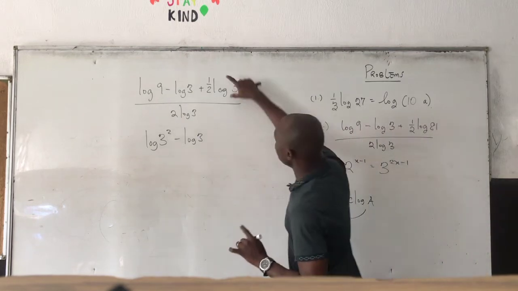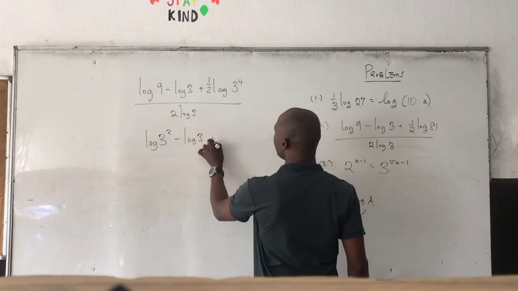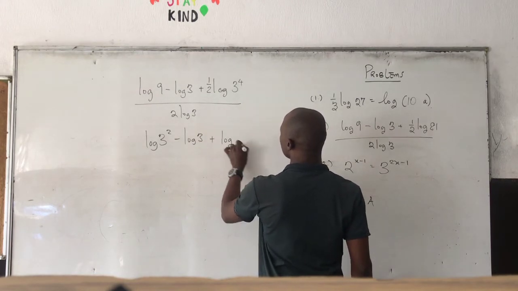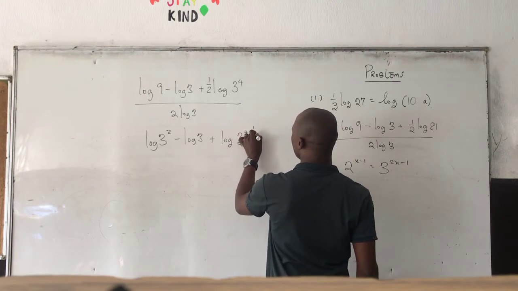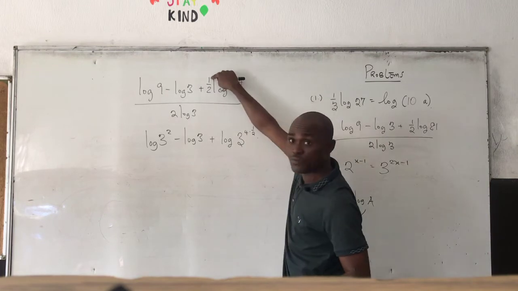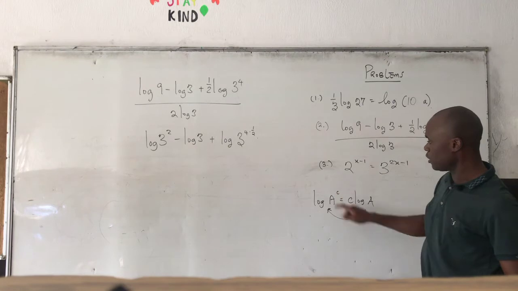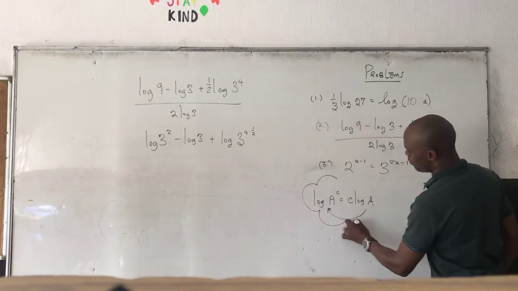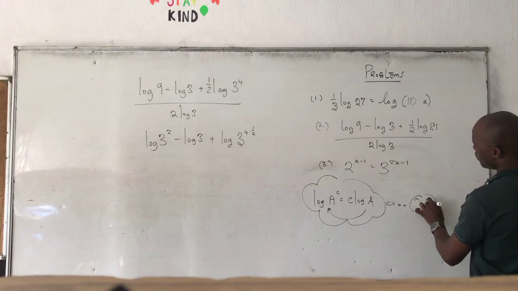So for this, that will be plus log 3 raised to the power of 4 and to the power of half. So please take note of that. I'm taking this coefficient here to be the power here. So if you have any challenge, you can always think about this.